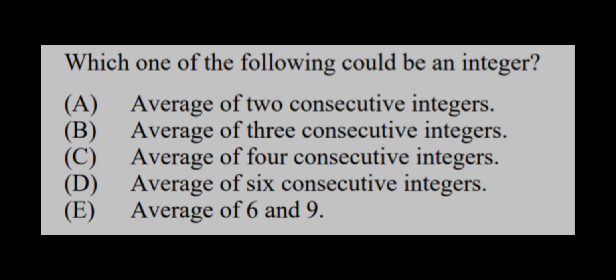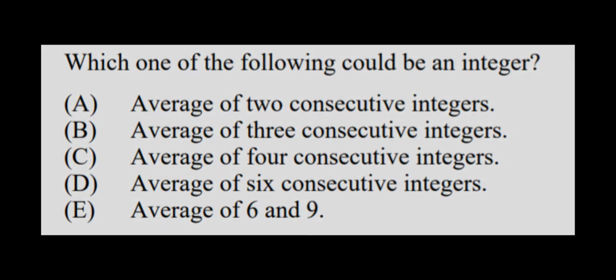So a plus a plus a will become 3a, plus 1 plus 2 is 3, divided by 3. In the numerator we can take 3 common. So this becomes 3 times (a plus 1) divided by 3. The 3 gets cancelled. Now a plus 1 is an integer. Since a plus 1 is an integer, option B is correct.